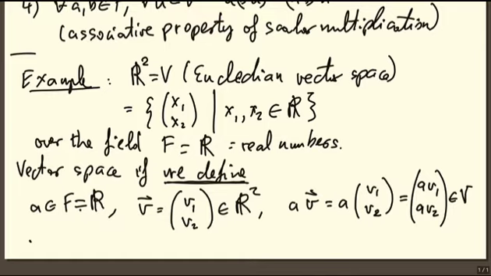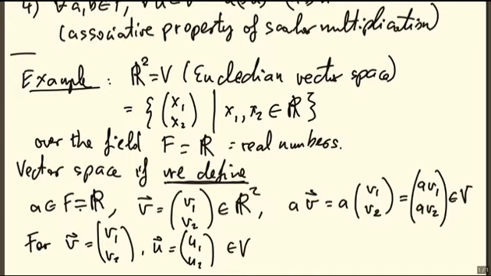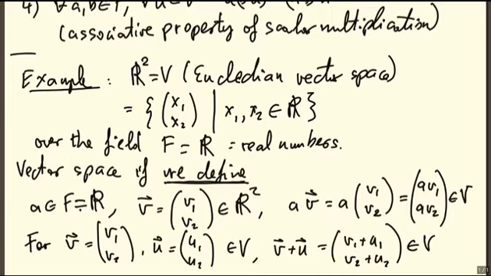So if you have two vectors like V with components v1, v2, and U with components u1, u2, all these are from the vector space, then we define V plus U, the sum of these two vectors, we add them component by component, and again both components are real numbers, so we have another two-vector.